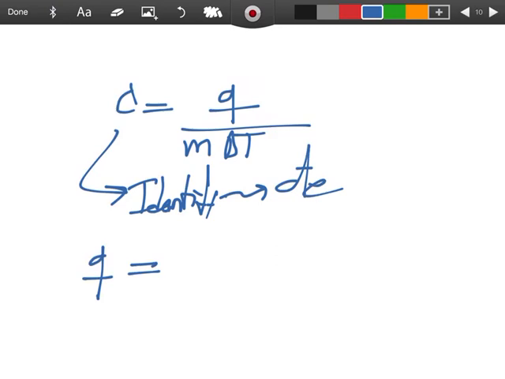So in this case, Q is going to be the same as the specific heat capacity times m times the change of temperature. So why is this important? Well, let's go to a practical example and figure it out.